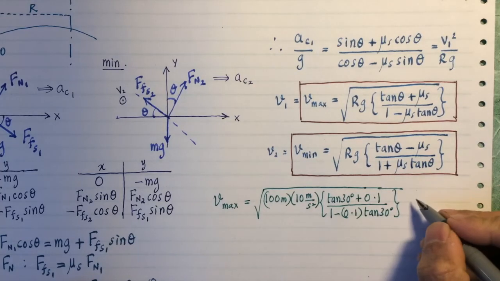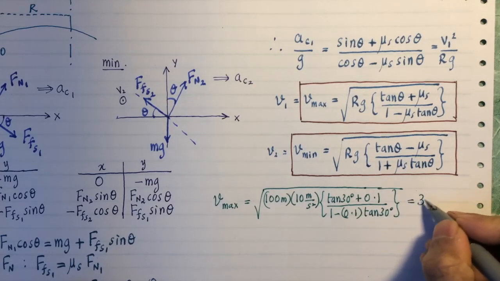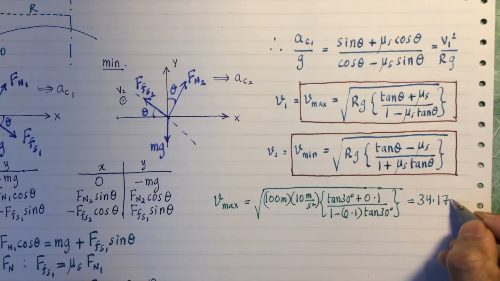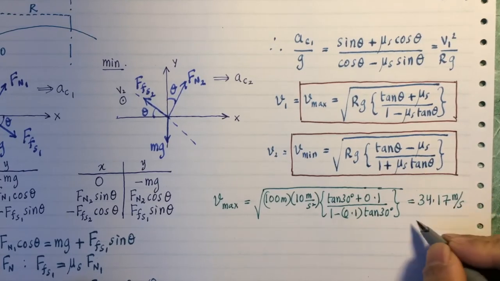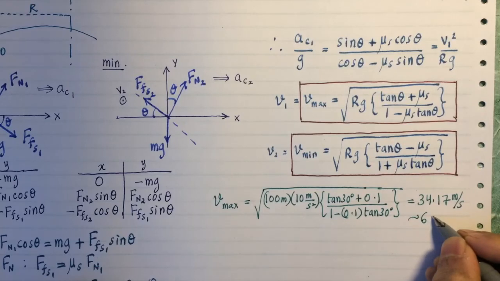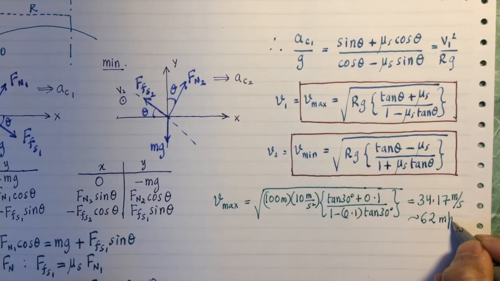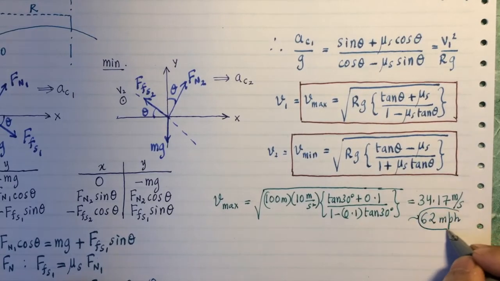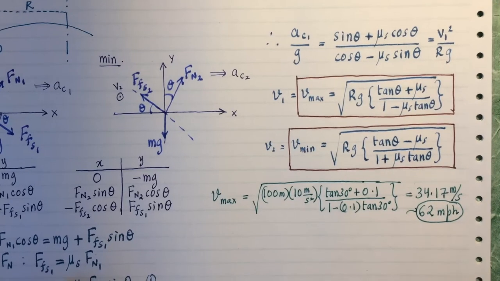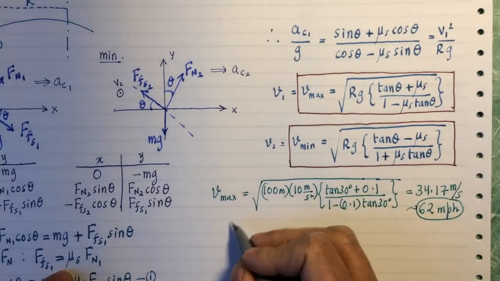When I work this out, I get 34.17 meters per second, which works out to be something like 62 miles per hour. So that's the absolute fastest you can go on a curve like this.